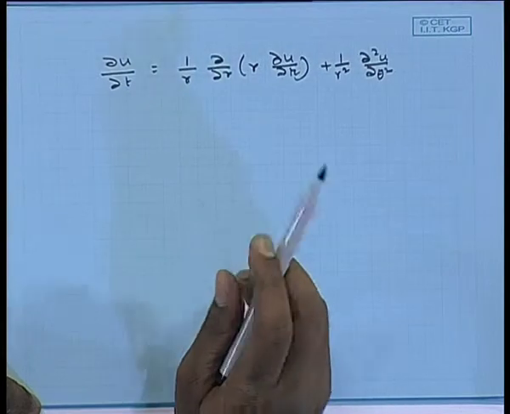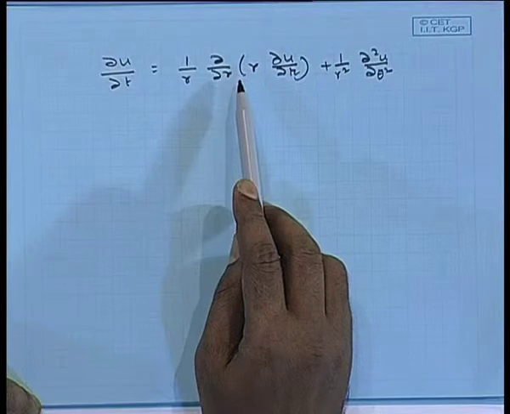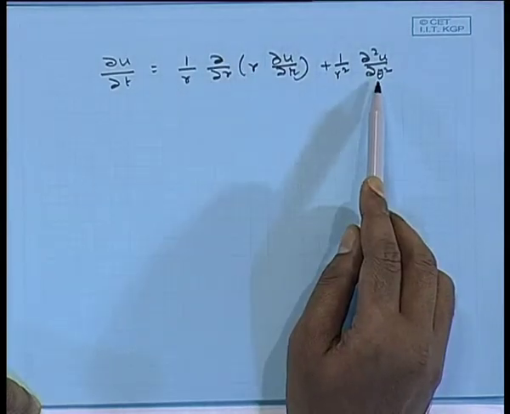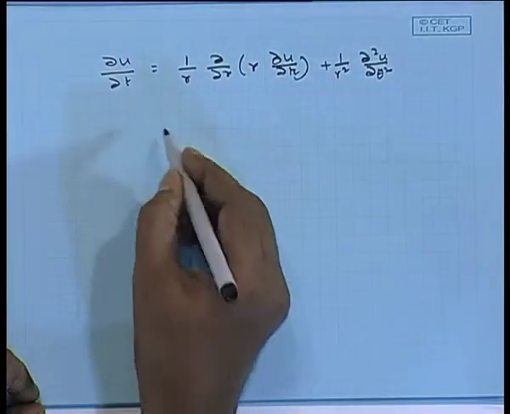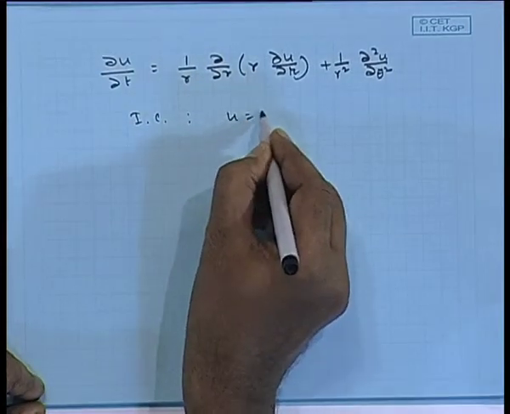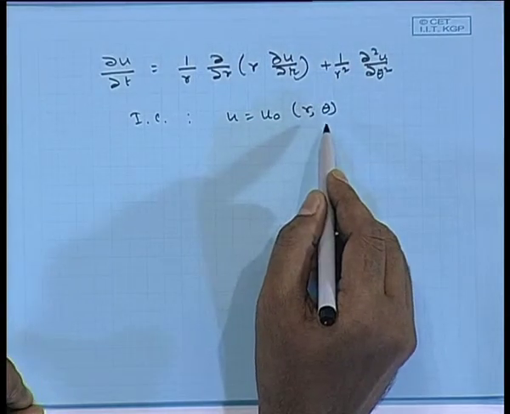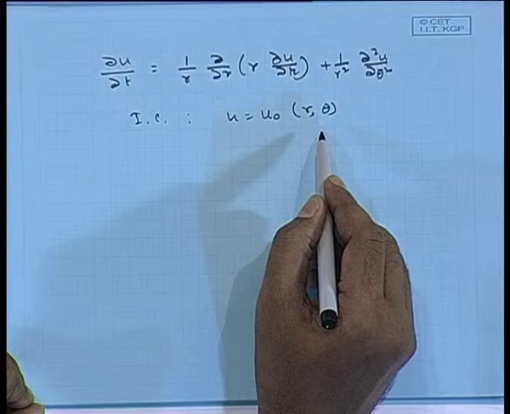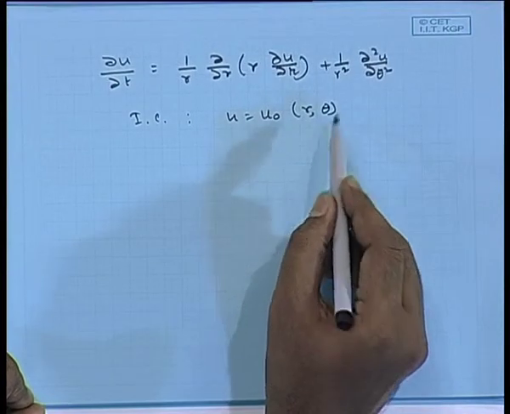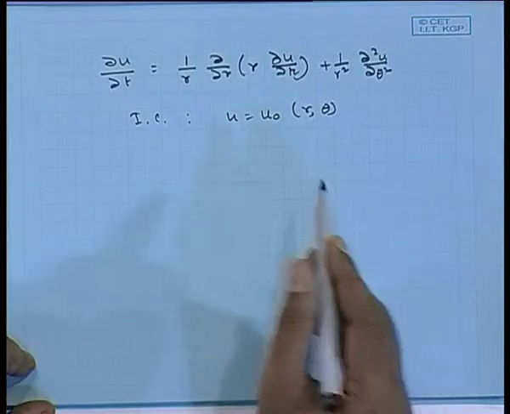Now, we require one initial condition on time to solve this problem, two boundary conditions on r and two conditions on theta. The initial condition we have taken is u equal to u0, which may be a function of r and theta, a function of r alone, a function of theta alone, or a constant. All these functional forms will be predefined, that means they are prescribed functional forms.